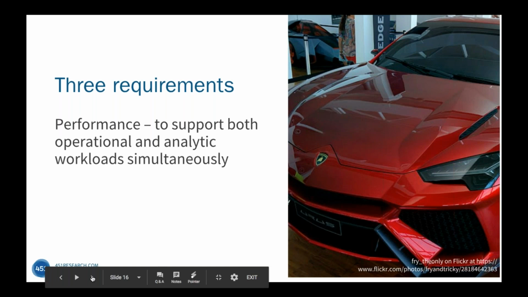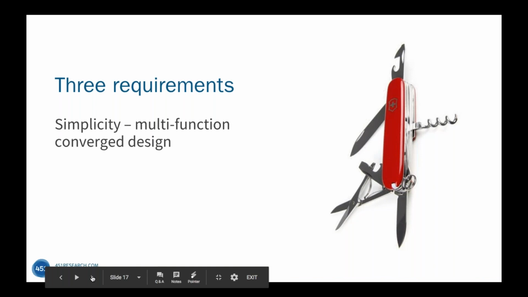And that's something which is improving all the time, but over the last 5 years in particular, we've reached a threshold where it's now reasonable to expect systems to actually support these kinds of applications, and clearly those applications are being developed to take advantage of that. The second thing we'd see is simplicity.